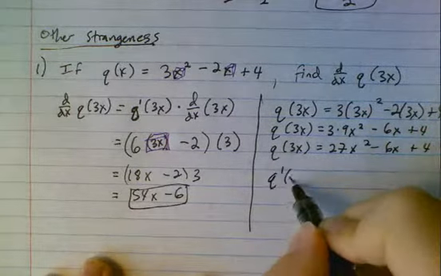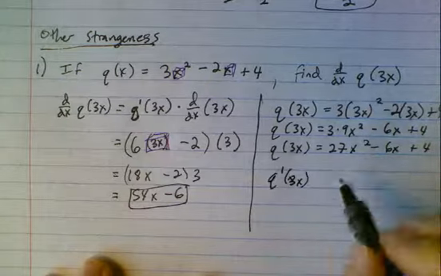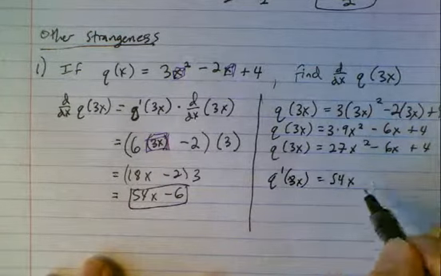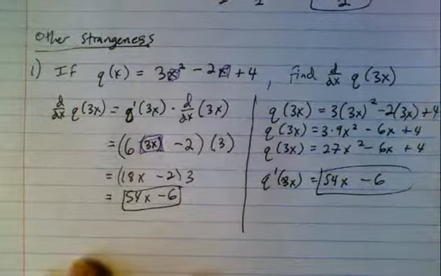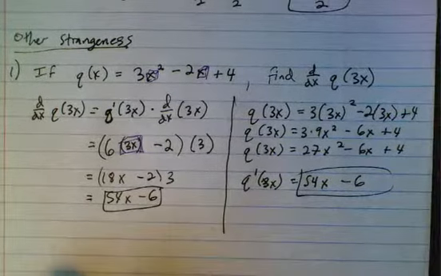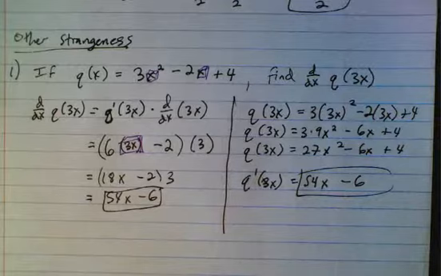And now when I do the derivative, I bring down the 2, that's 54x minus 6. Same answer. Either way you want to think about it is fine. Sometimes one way will be easier, sometimes the other. We will definitely get the same answer either way, as we'll notice when we see this one.